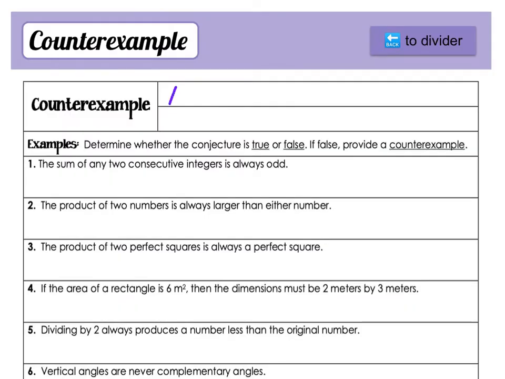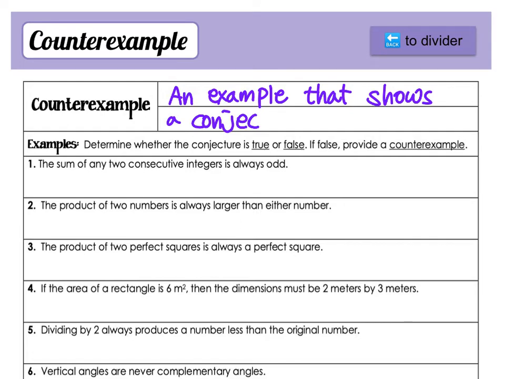A counterexample is an example that shows a conjecture is false.